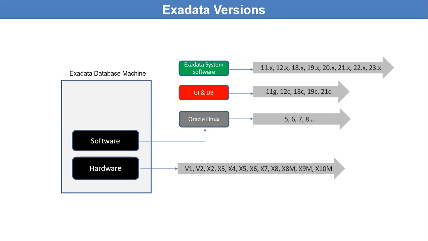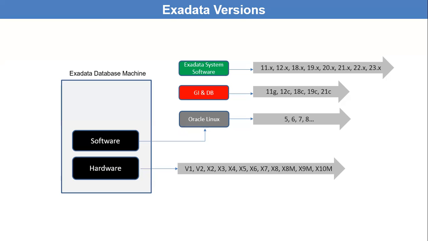Now, let us understand more about these versions, specifically the hardware versions. As a DBA, you know the software versions. You know the difference between different versions of software. For example, what is the difference between the 12C version of database software and the 19C version? In every new release, Oracle introduces new software-level features.